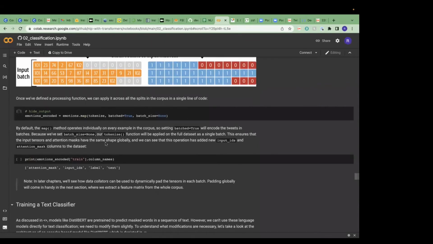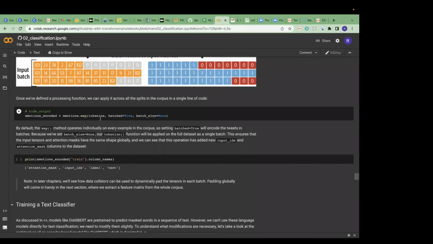And one thing that this chapter does is that it tokenizes the whole data set at once. In a lot of cases, as mentioned earlier, you might want to batch sentences with similar length together, and tokenize batches instead of tokenizing the whole data set.